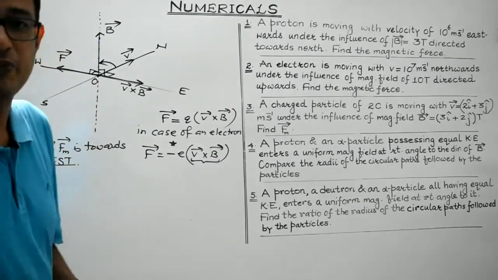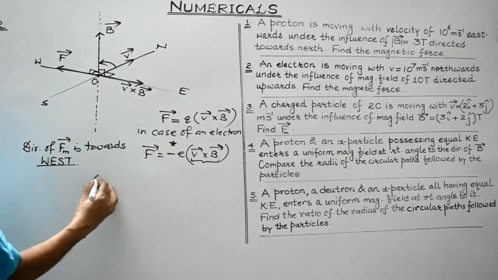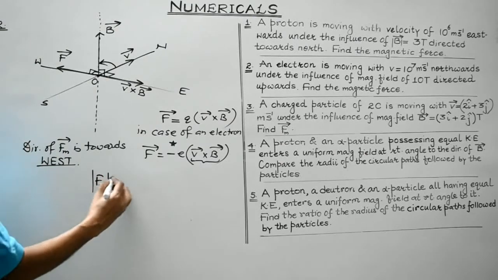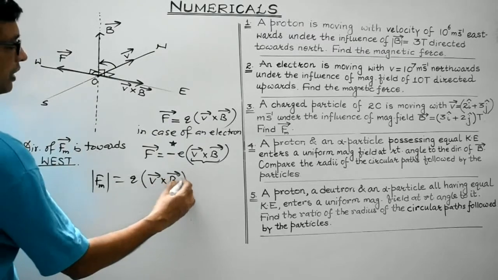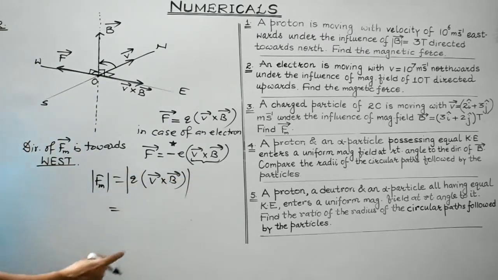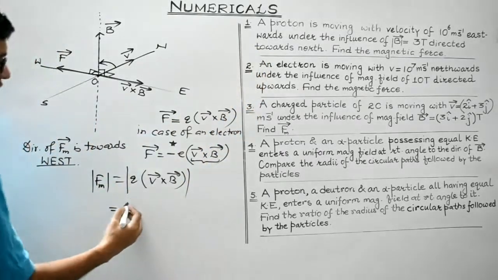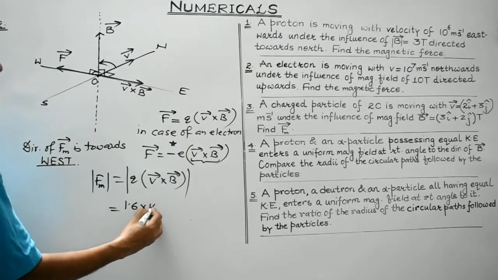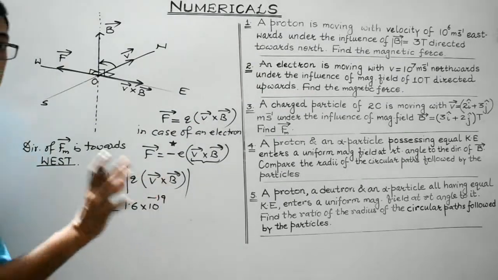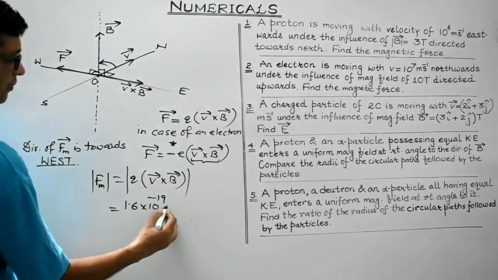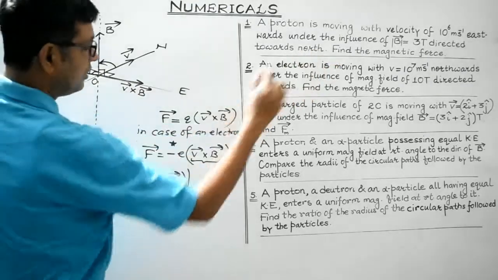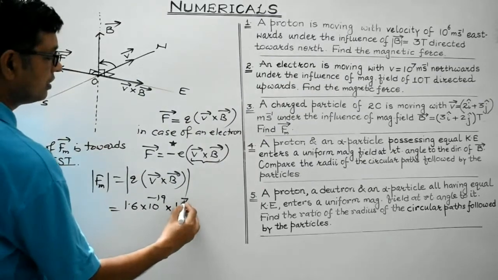Now let's find its magnitude. The magnetic force is given by q v vector cross B vector. We are concentrating only on the magnitude. Charge of an electron is 1.6 into 10 raised to minus 19. We are dealing with the magnitude only, right? Direction we have already discussed. Velocity magnitude is 10 raised to 7.